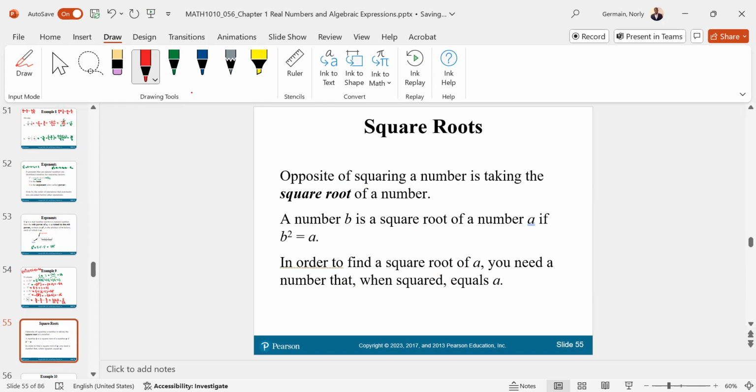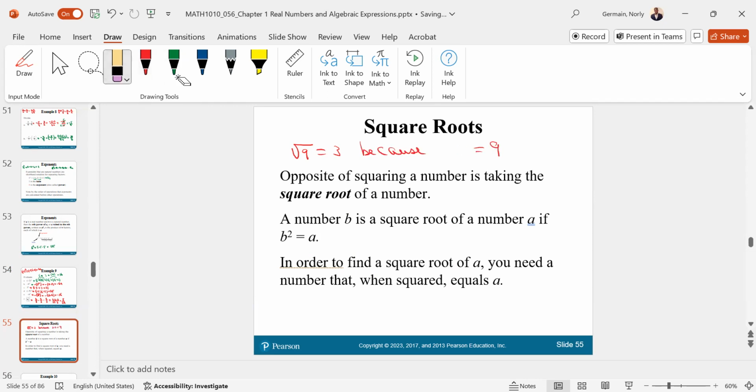A number B is the square root of a number A if B squared equals A. For example, the square root of 9 equals 3 because 3 times 3 is 9, all right?